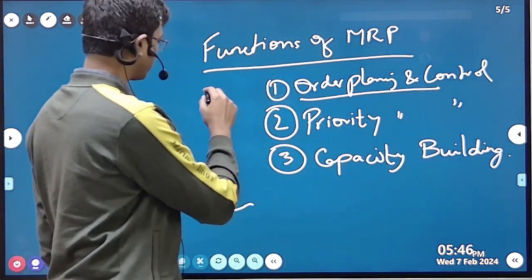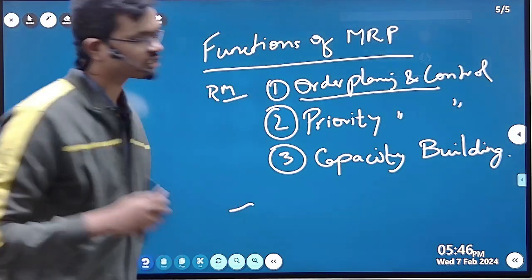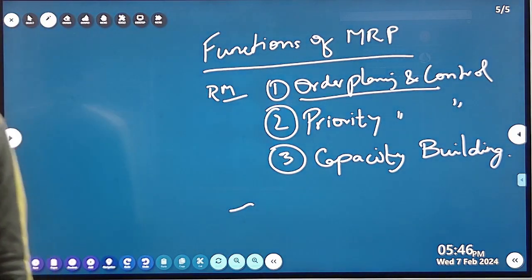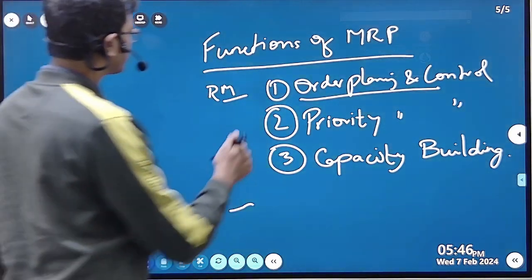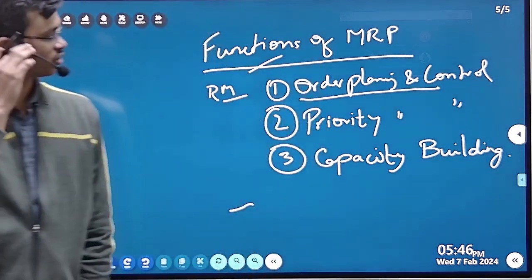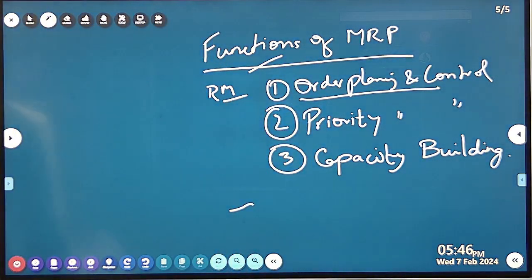So when do you order the raw material? How much time does it take to reach your facility? Right? So these are the main functions which your process should define, right?